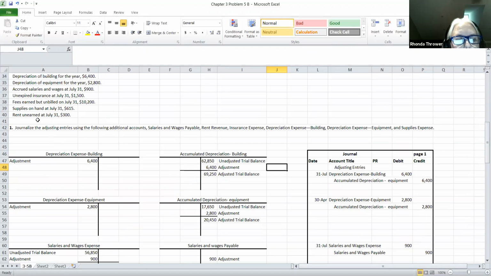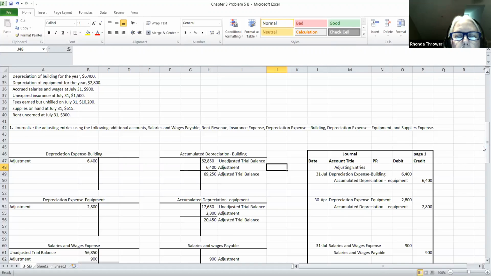And the last one is unearned rent. Unearned rent should signal to you that we have set up an account and called it unearned rent because we have received some rent in advance from our tenants.